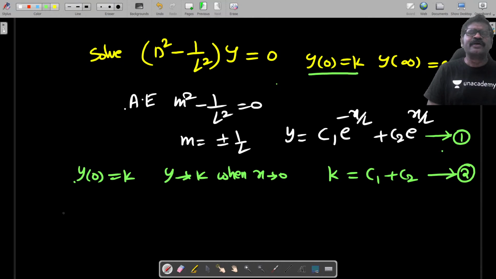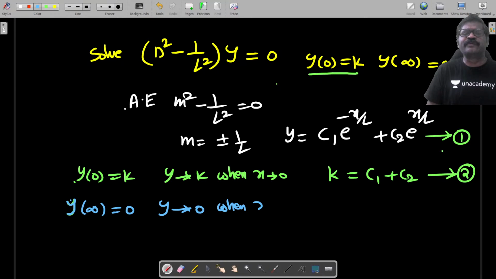Next, y of infinity equal to 0. Y is tending to 0 when x is tending to infinity.